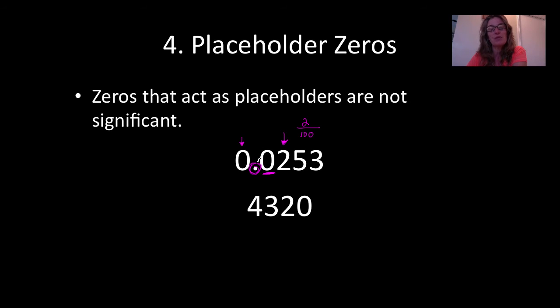So this number would have 3 significant digits. This number, notice this 0 is the last 0, but there's no decimal point here. So this 0 is just holding the place, telling me that this 2 is not in the ones place, but is in the tens place, and therefore it is equal to 20.